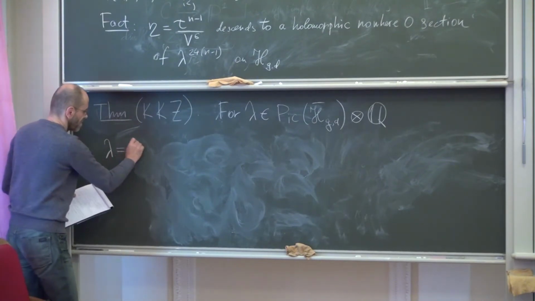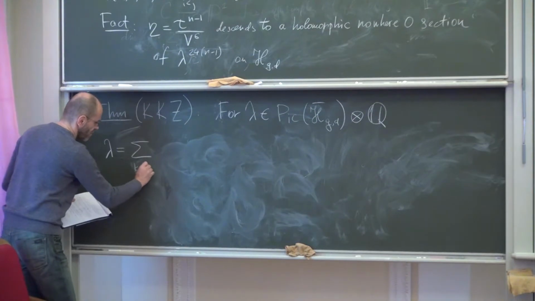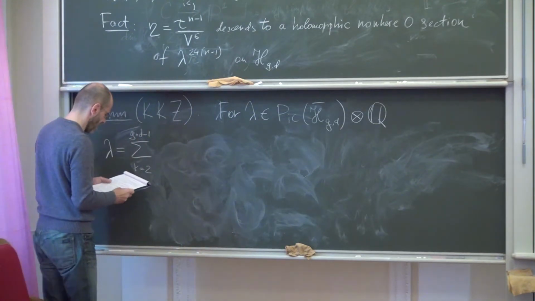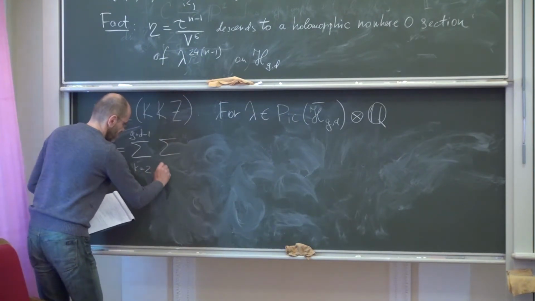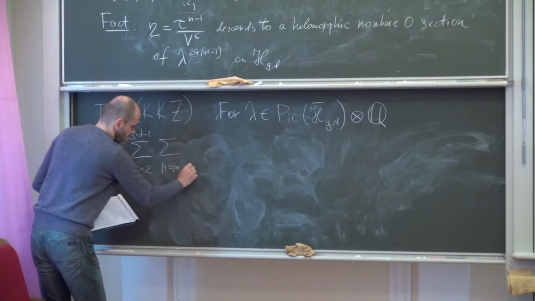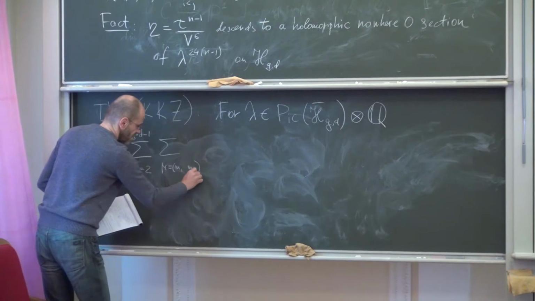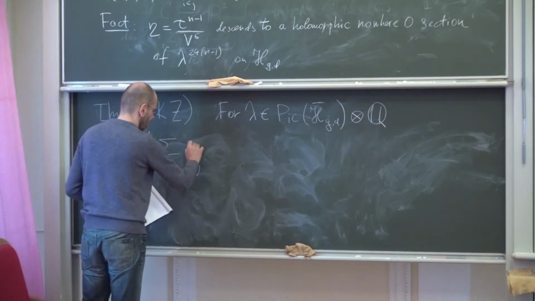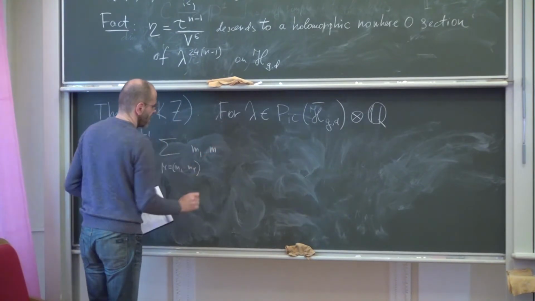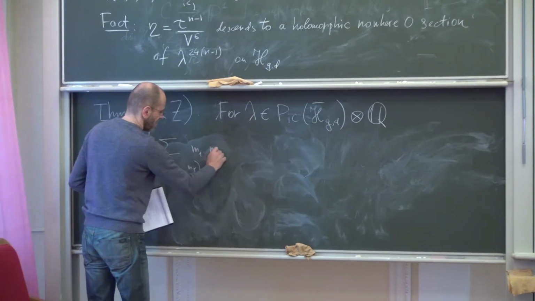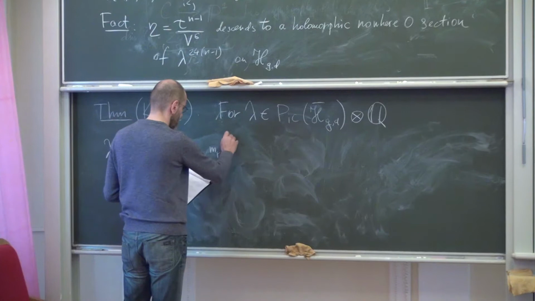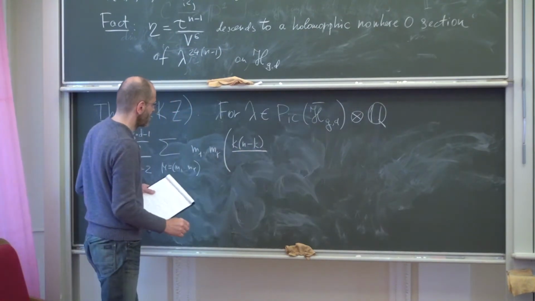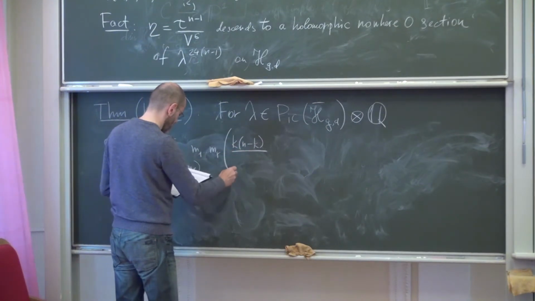The Hodge class is the sum over k from 2 to half the number of critical values, the sum over all partitions of the degree, here we have the product of ramification indices at the nodes, m1 to mr, times some expression that is symmetric with respect to replacing k by n minus k.